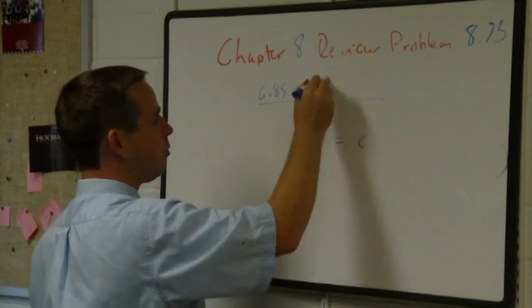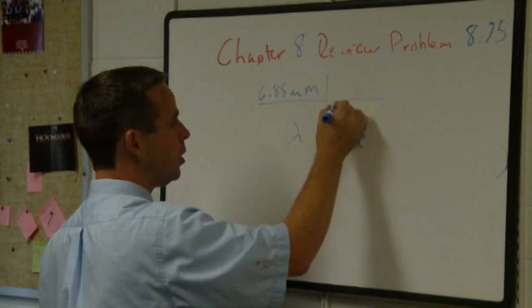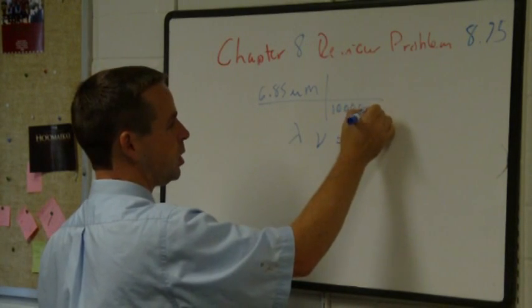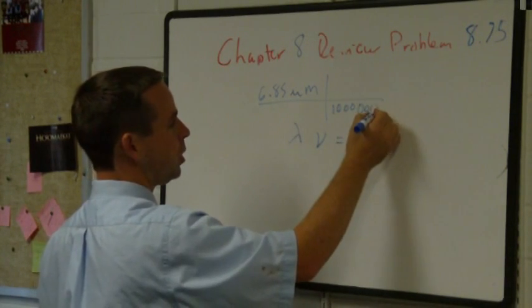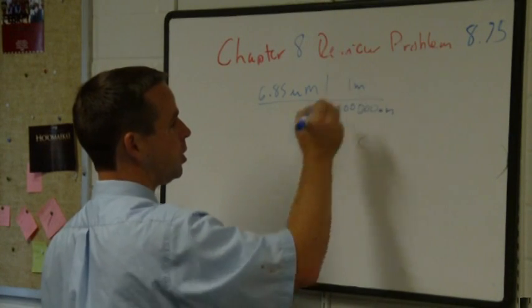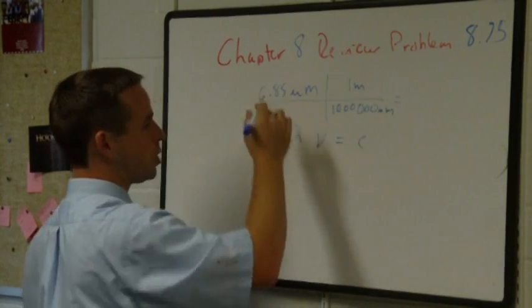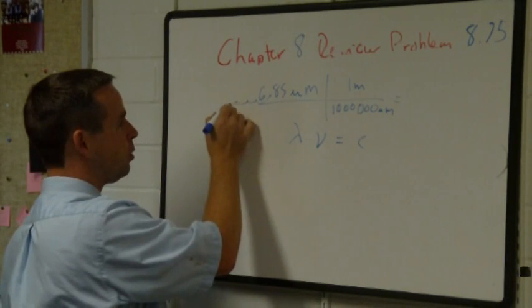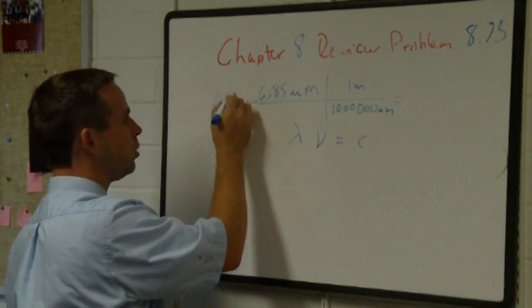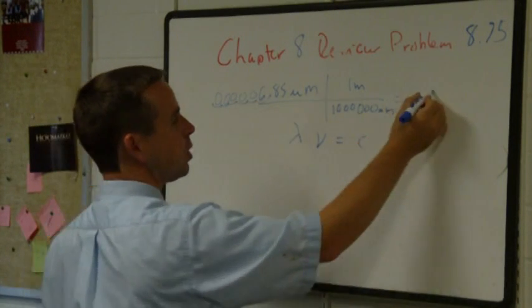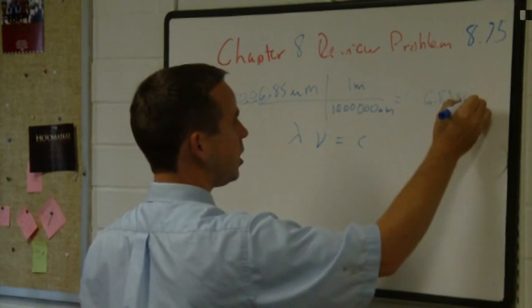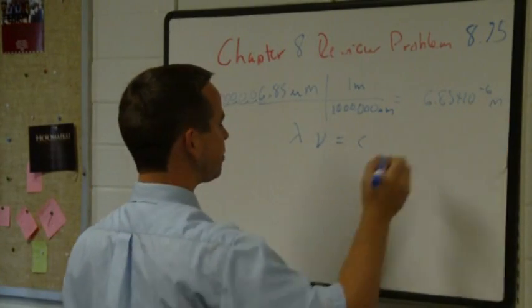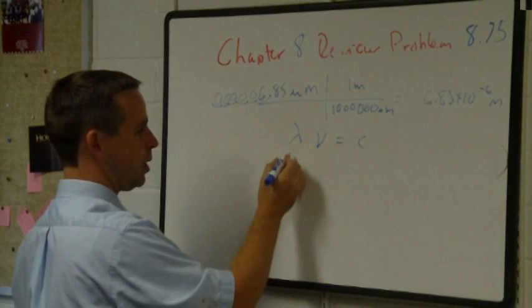There's 1 million micrometers in 1 meter, so 6.85 divided by a million is 6.85 times 10 to the minus 6 meters. So that's our wavelength here.